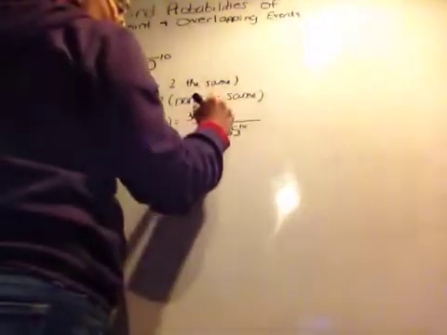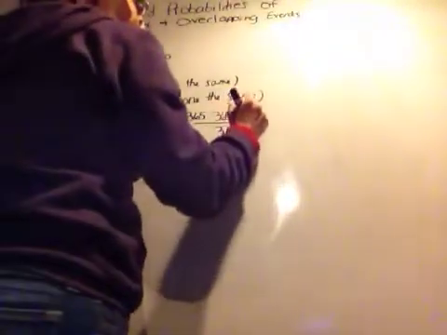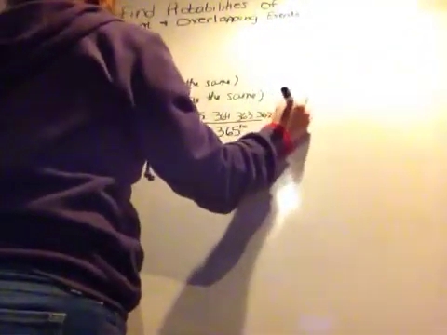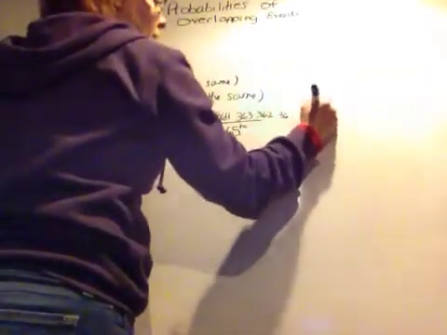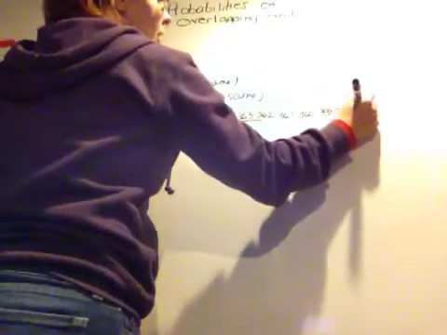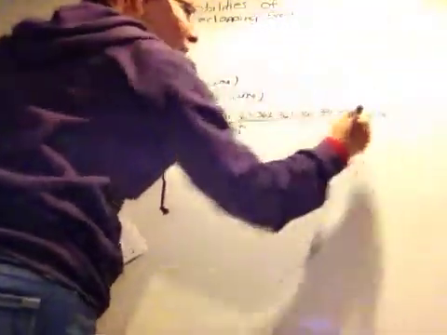Then the next person, there'll be 364 possibilities for their birthday. And then 363, 362, 361, 360, 359, 358, 357, and 356. Got a little small there, but I'm trying to fit it all in.